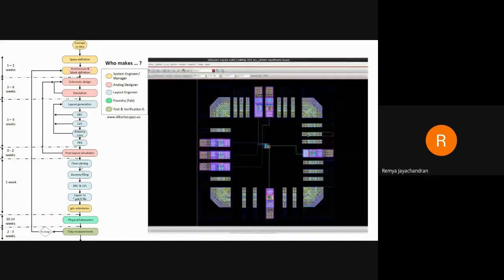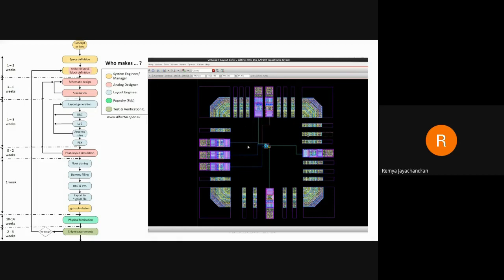Then the next step is the floor planning. Once everything is correct, then we can go for the floor planning. Here I have just represented a single block, a single OTA, placed in this one, and these are the IO pads. IO pads means input output pads and the supply voltage pads.